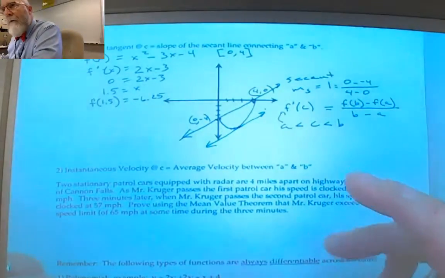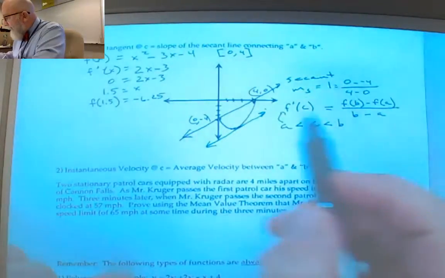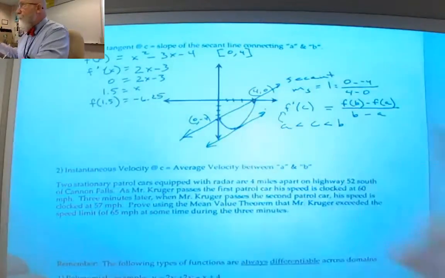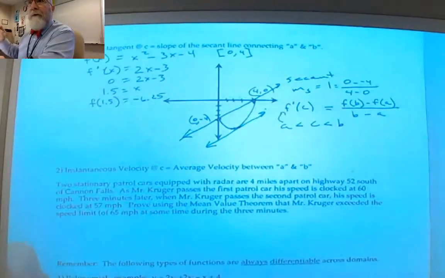How can I figure out where that c is? I know it has to be between 0 and 4, correct? But Jeremiah, really, there's an infinite number of numbers between 0 and 4, correct? How can I figure out where that specific number is?